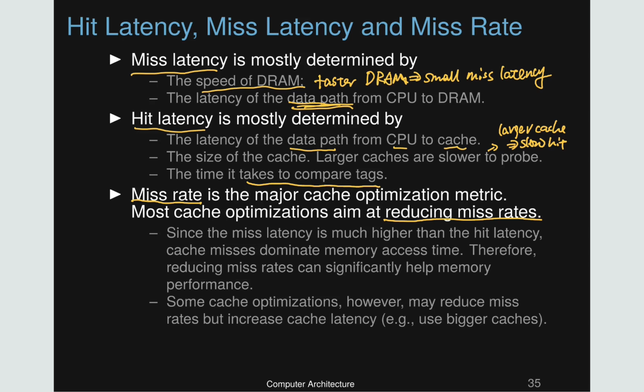And unfortunately, optimizing the cache miss rate is usually contradicting the goal of reducing the miss latency and hit latency. So sometimes the optimizations that reduce miss rates can actually increase cache latency. So there's also a trade-off between reducing the cache miss rate and reducing the latency of the cache, including the miss latency and hit latency.